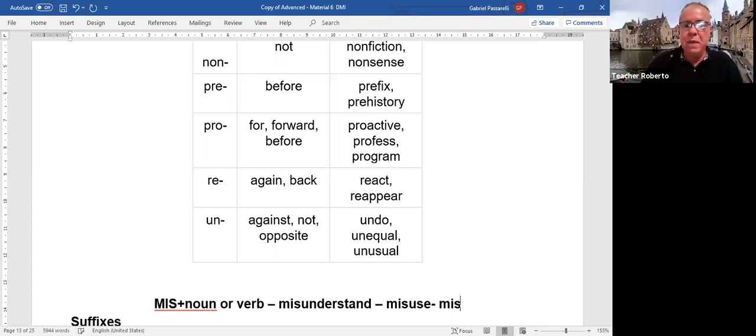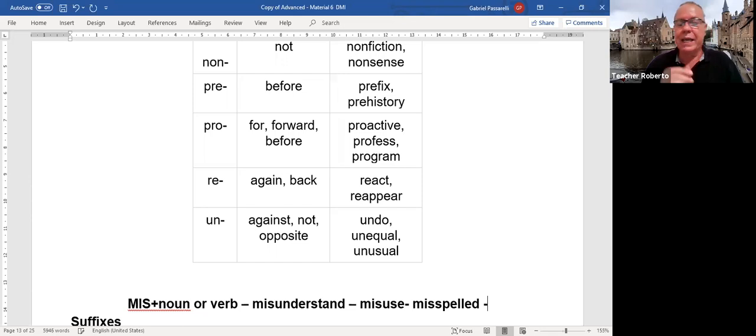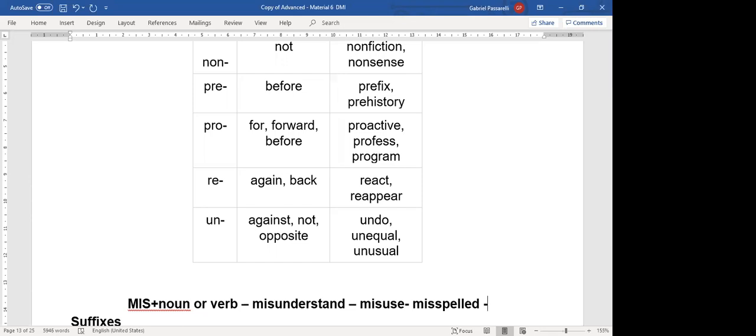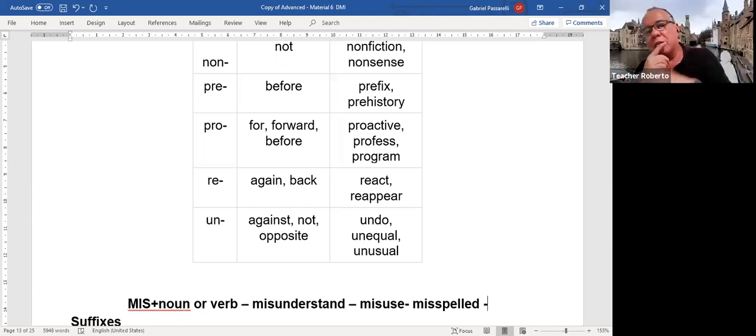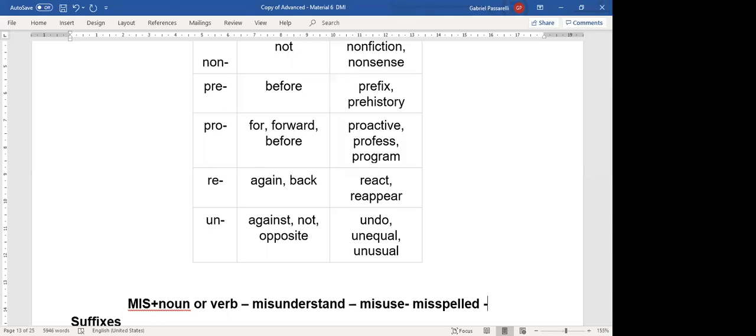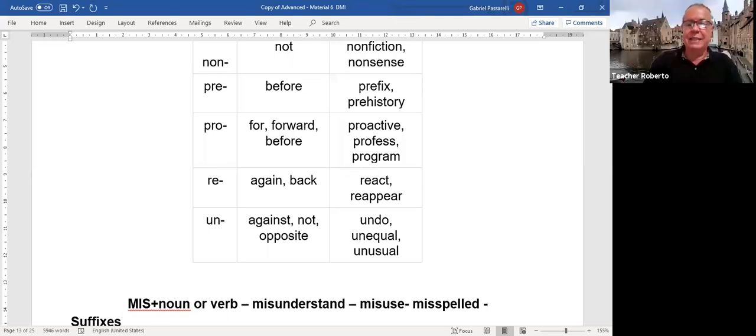Like misspelled. With two S? Yes, that word was not spelled correctly. It's double S, misspelled, because the word is spelled. Then I have misspelled. Sometimes you send a document for your printer to be printed, and when you look, it's a lot of rubbish, like everything is wrong.